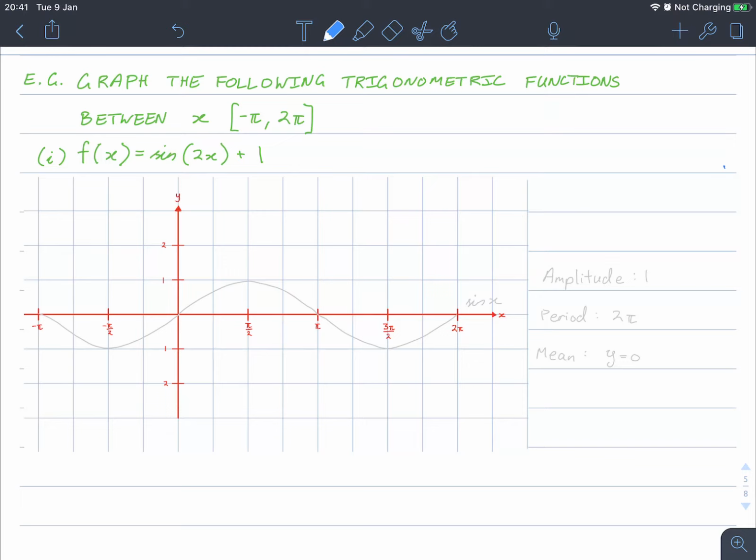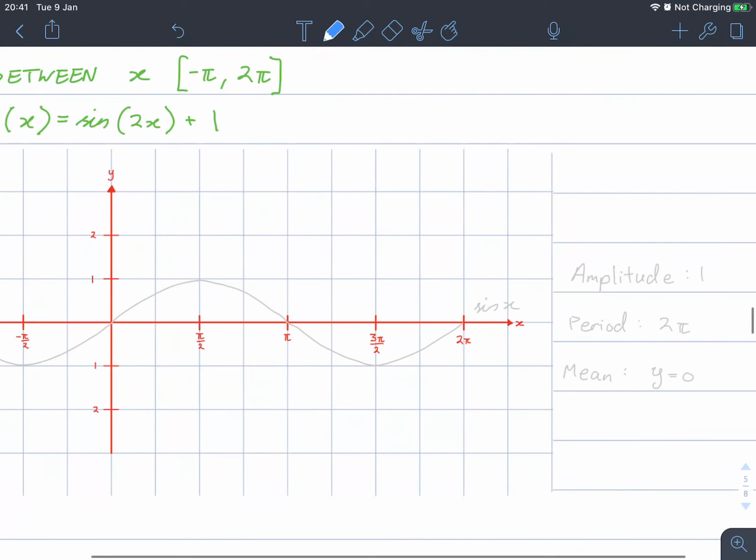So when it comes to graphing trig functions, we should understand very well what the original function looks like, as well as the amplitude, period, and mean. So going over this very quickly. Amplitude meaning the highest and lowest it'll go from the mean value.